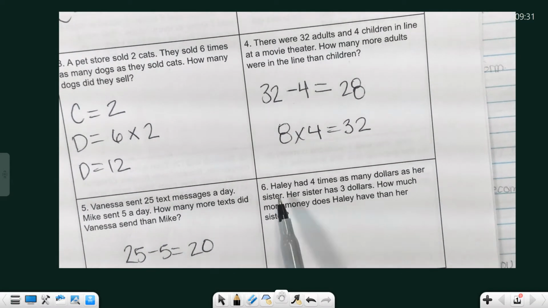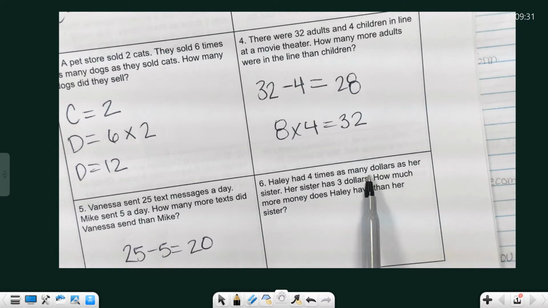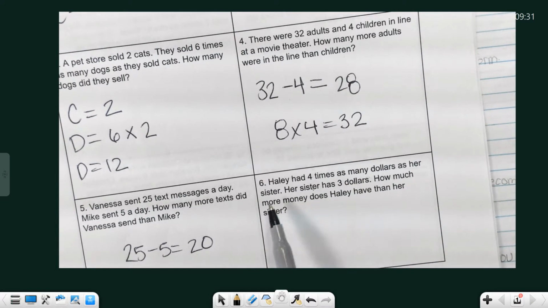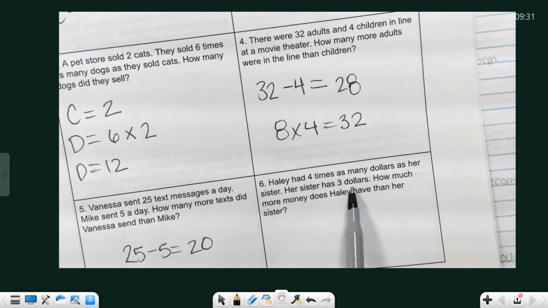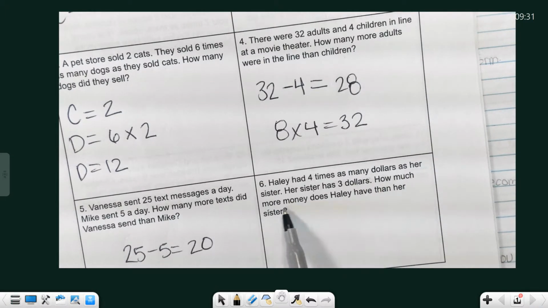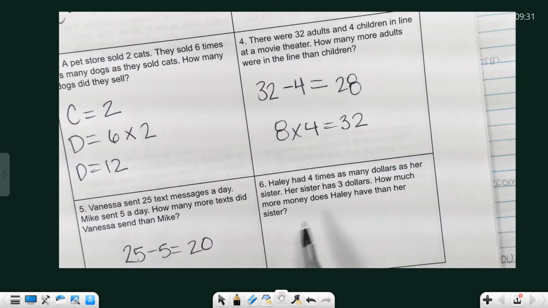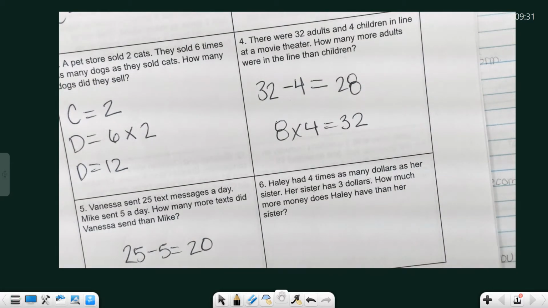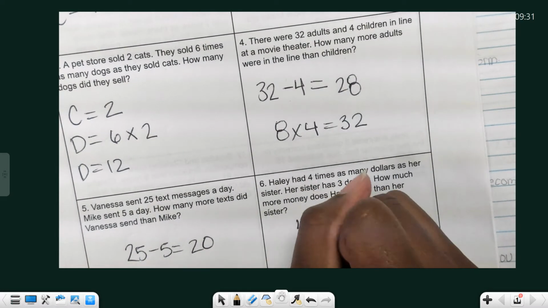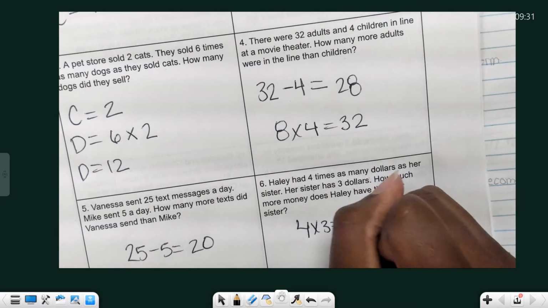Haley had 4 times as many dollars as her sister. Her sister has $3. How much more money does Haley have than her sister? So two steps. What's your first step? 4 times 3 equals 12.